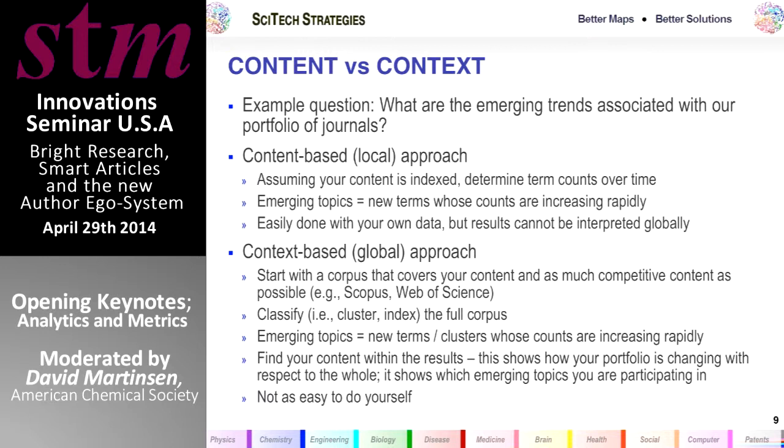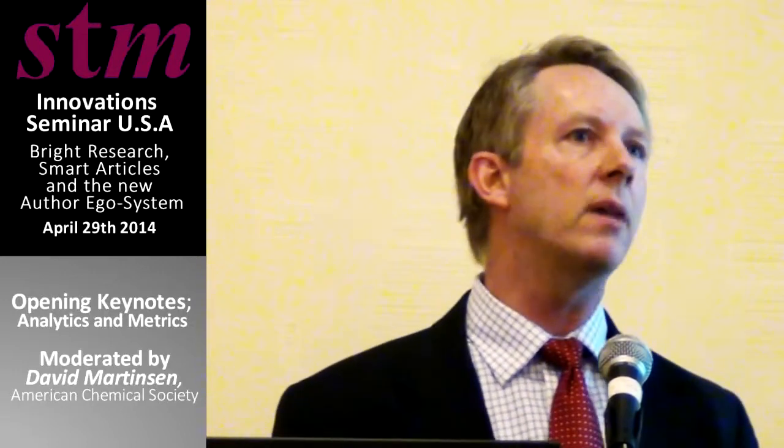Well, on the content-based approach, all you have to do is count those keywords, those taxonomy terms up, and look for the ones that are new and that are growing very quickly. Those are the emerging topics within your portfolio of journals. Okay, that's a simple exercise, something that can be done just with your own data.